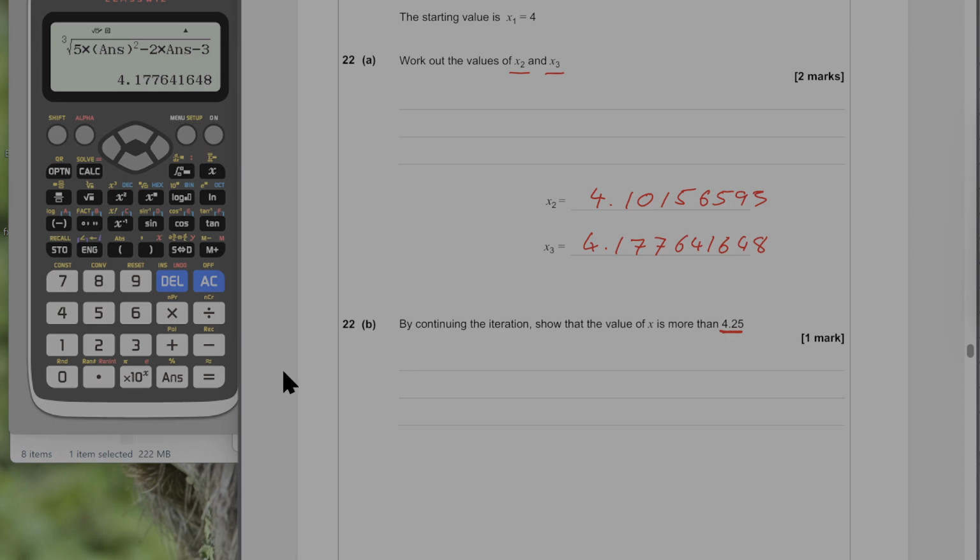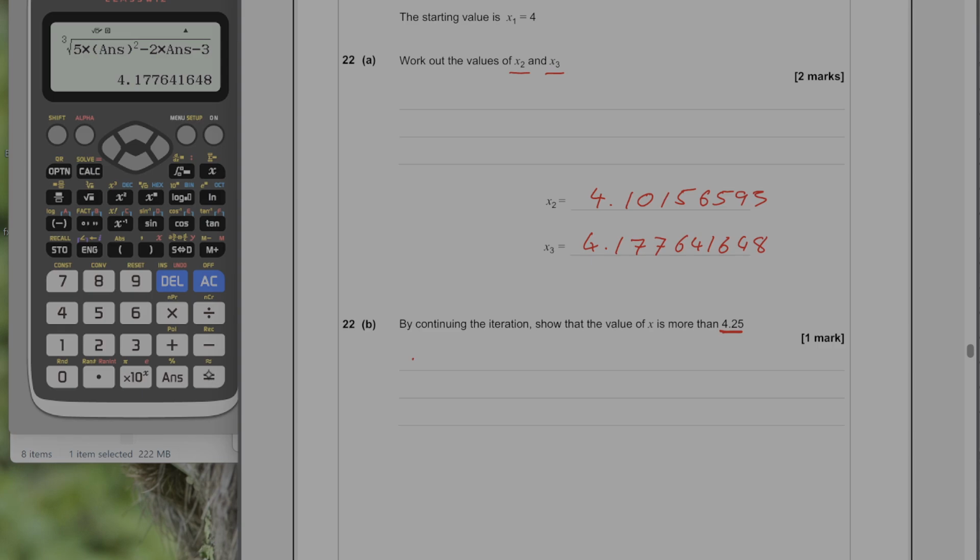By continuing the iteration, show that the value of x is more than 4.25. Essentially I just need to keep pressing equals until I get a value and show that the value is going to be over 4.25. So let's carry on.